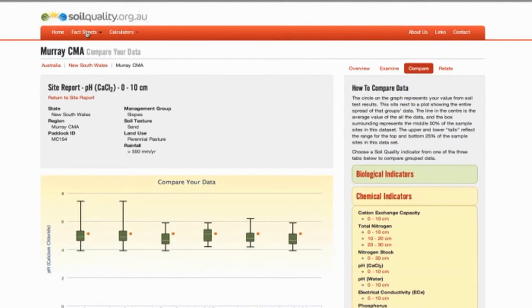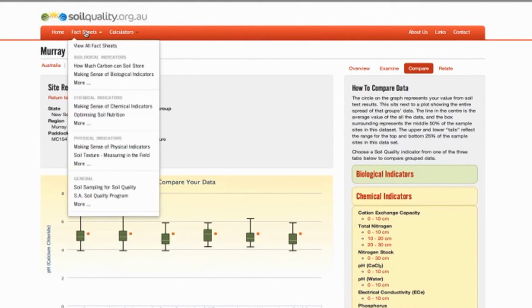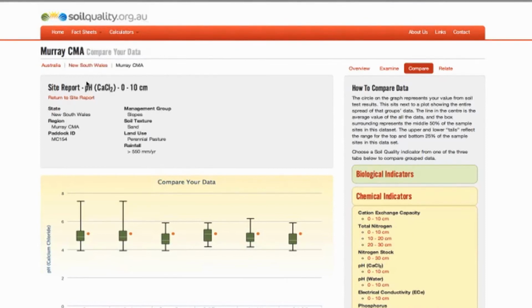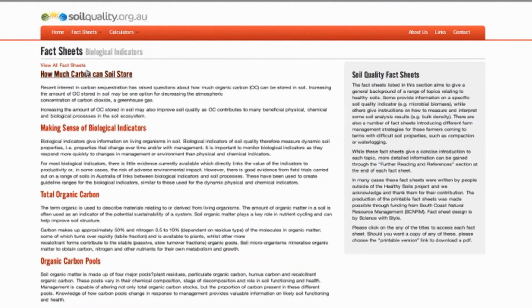So that's how you access the data and have a look at it. But you really want to make an interpretation on that and get some information around it. So the fact sheets section gives some more information for those that are interested. Now there's a big database here of biological, chemical and physical fact sheets, and you can go in there on a wide range of topics.